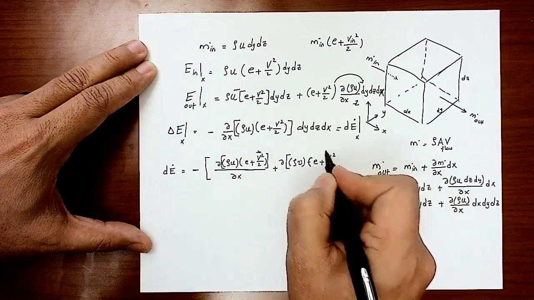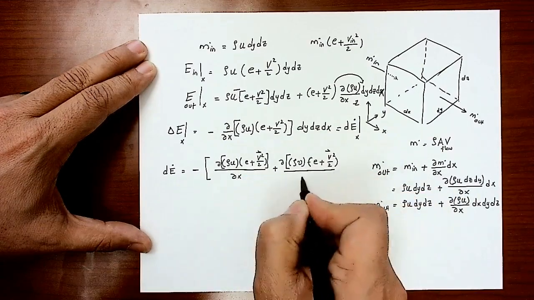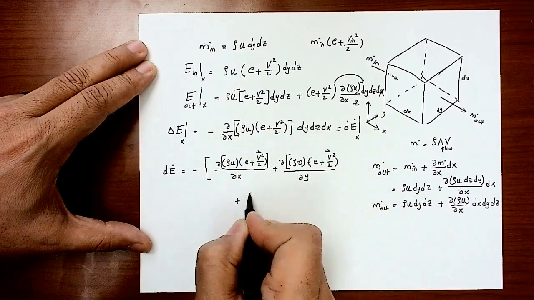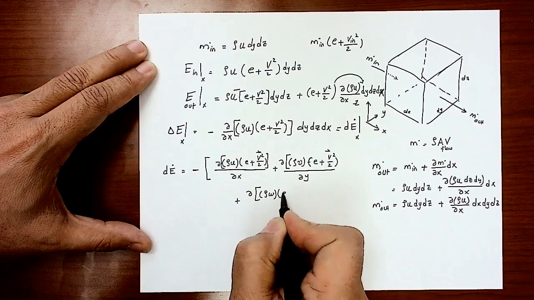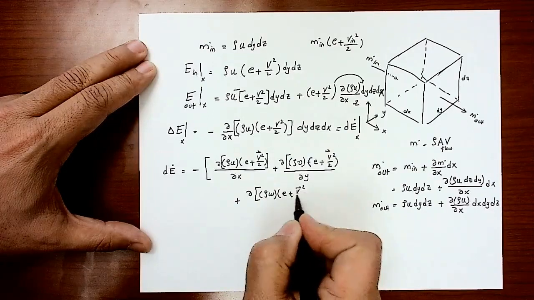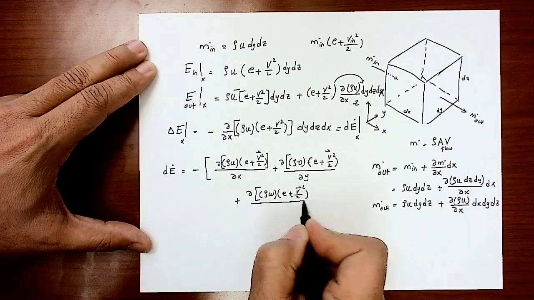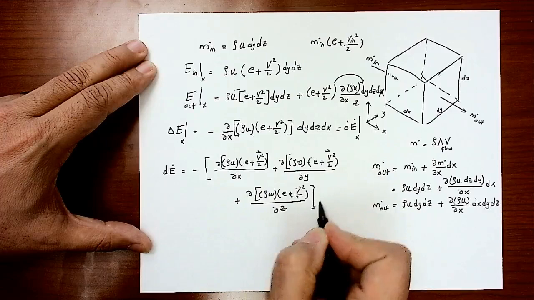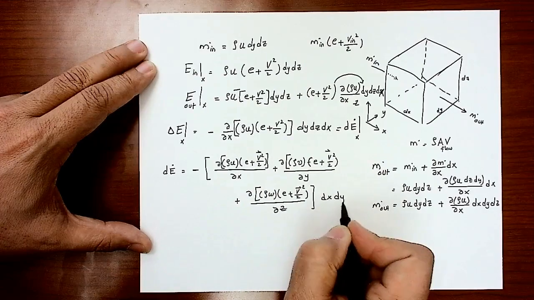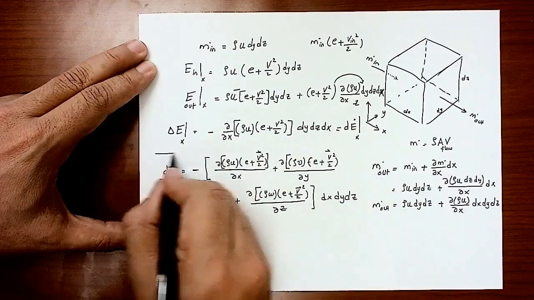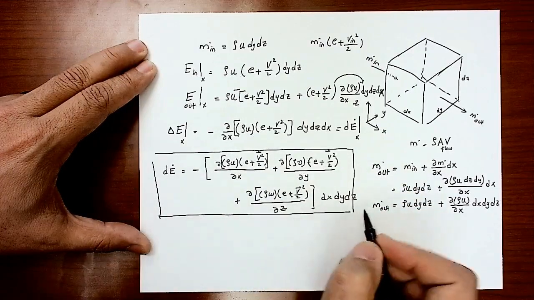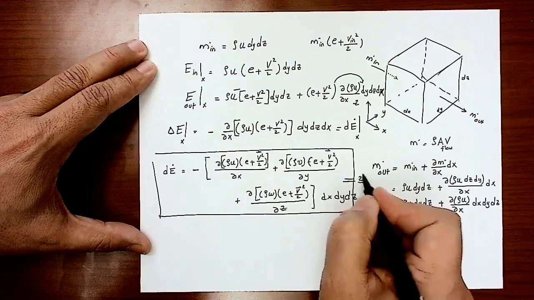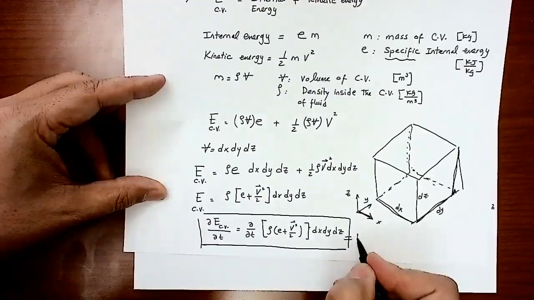Remember, we deal with velocity as a vector. This is by partial y, plus partial of the parentheses rho w times (E plus velocity vector squared divided by 2). This is relative to z. Then this is dx, dy, and dz. Then I'm going to frame this as my second term. So I'm going to call that number 2, and we're going to call this number 1.